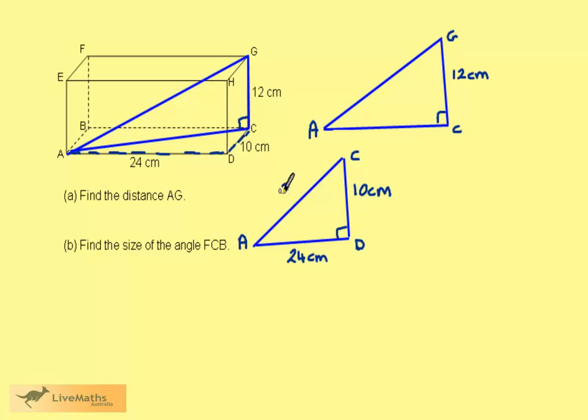We can now work out AC using Pythagoras' theorem. Let's call AC x. We can then use this value here in this diagram. So, to find x, we need to use Pythagoras' theorem. By Pythagoras' theorem, the hypotenuse squared is equal to the two shorter sides squared and added together.